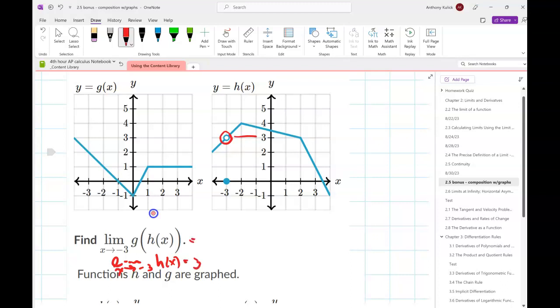And that's okay now because g of 3 is 1. So that's fine. So again, because the limit of h of x existed, and g, the outer function, was continuous everywhere, it was fine, even though I didn't have perfect continuity.